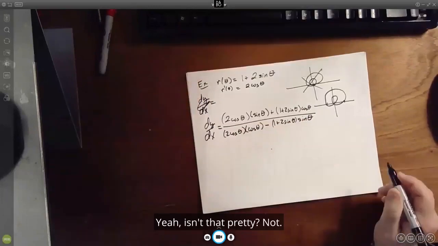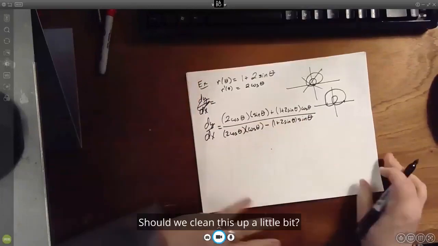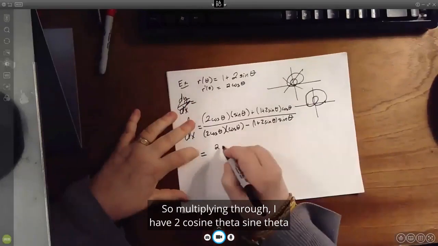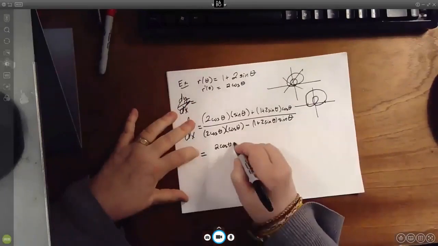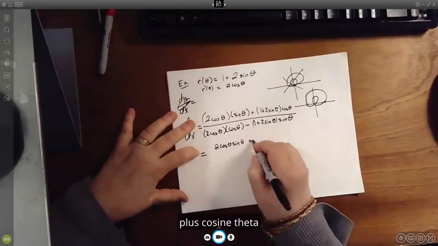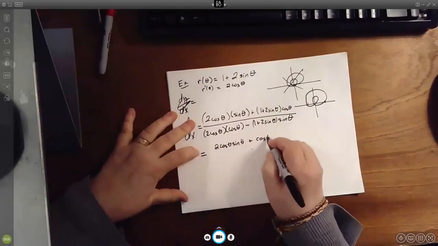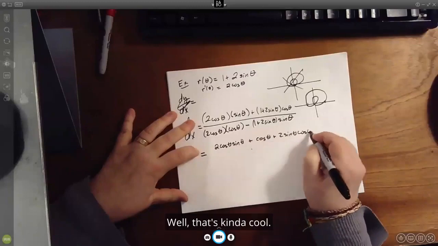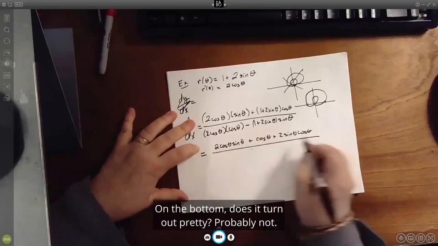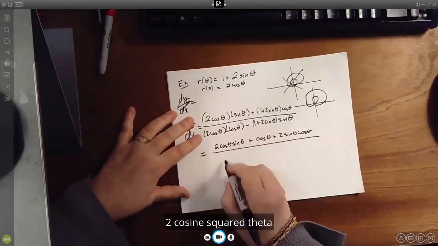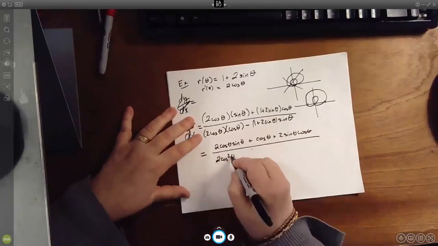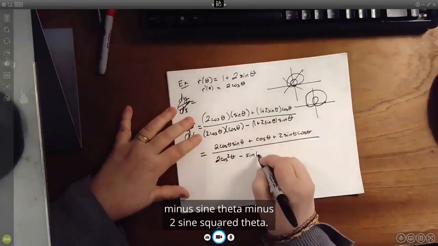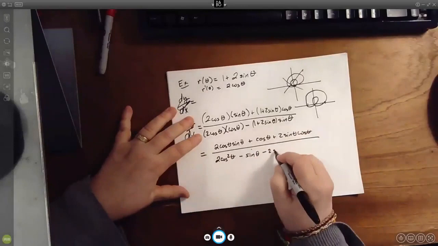Isn't that pretty? Should we clean this up a little bit? So multiplying through, I have 2 cosine theta sine theta plus cosine theta plus 2 sine theta cosine theta. On the bottom, does it turn out pretty? Probably not. 2 cosine squared theta minus sine theta minus 2 sine squared theta.